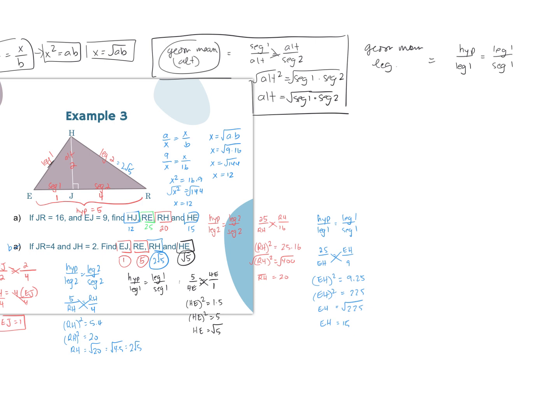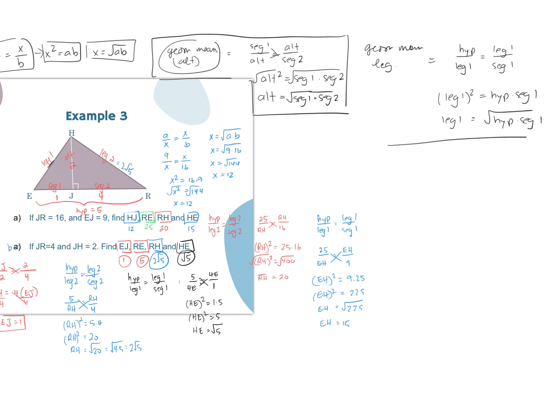So again, if I take that, I know that leg 1 squared equals hypotenuse times segment 1, and I know that leg 1 will then equal the square root of the hypotenuse times segment 1.